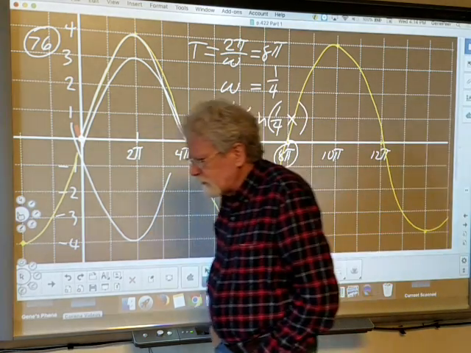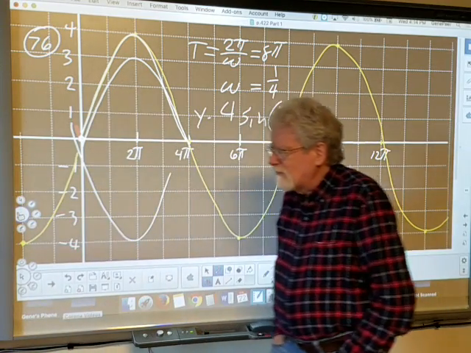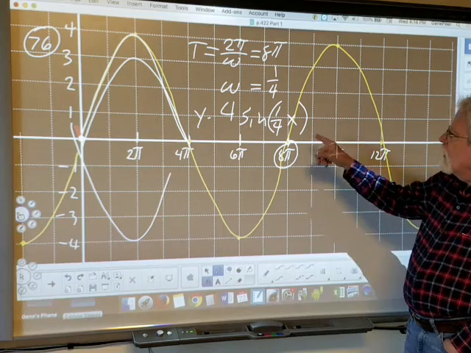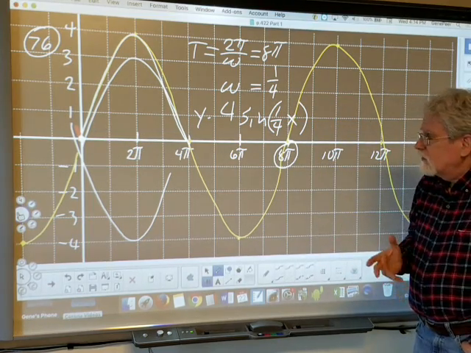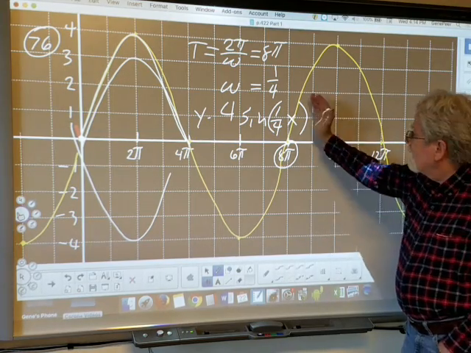Oh, the book does also refer to phase shift. To save time and mental anguish, we skipped over phase shift. But phase shift is if we were to add or subtract something inside the parentheses. Actually, you're familiar with this idea. Suppose we were to add 1/4 pi inside the parentheses.